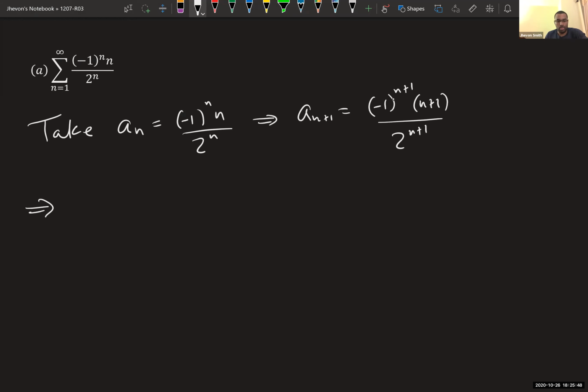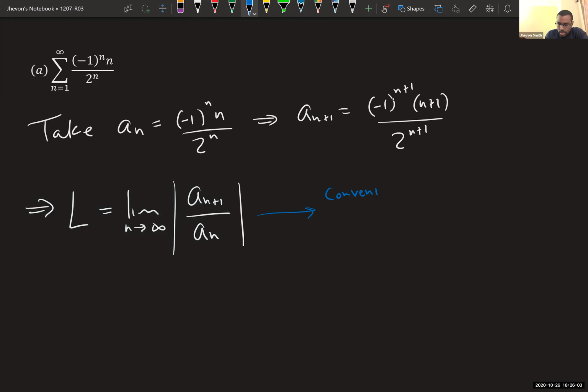This means if I define this limit as n approaches infinity of an plus 1 over an, which, by the way, it's often convenient to think of as an plus 1 times 1 over an, specifically as an plus 1 times the reciprocal of the original.